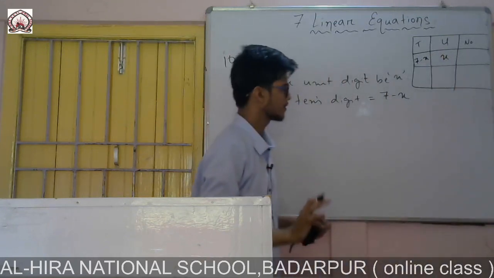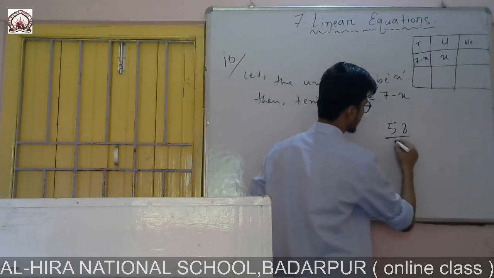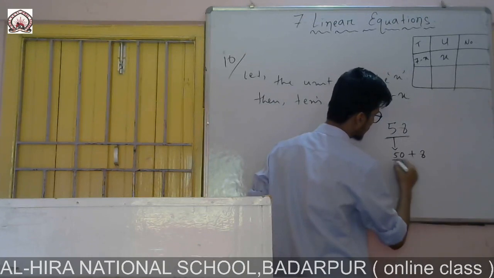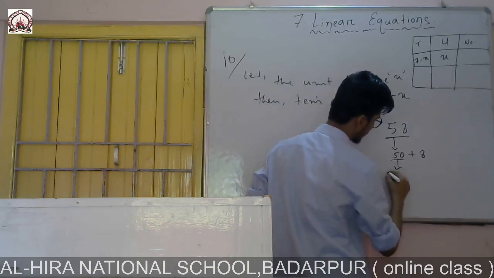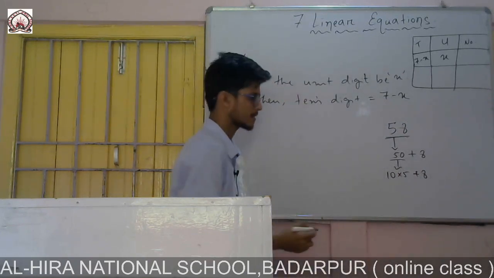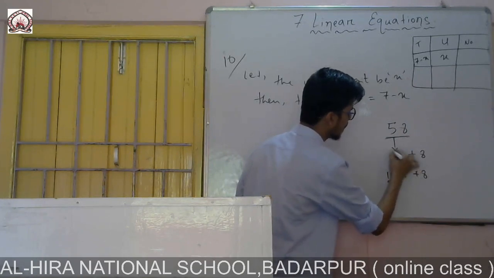So one thing you listen: whenever we write 58, if I break this one, I can write it as 50 plus 8. Again if I break 50, I can write it as 10 into 5 plus 8. So in the tens place, always 10 is multiplied with the digit.